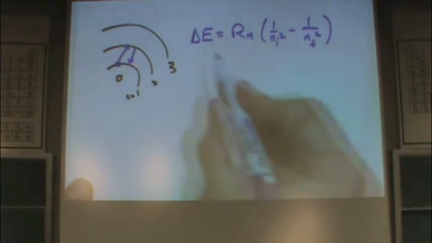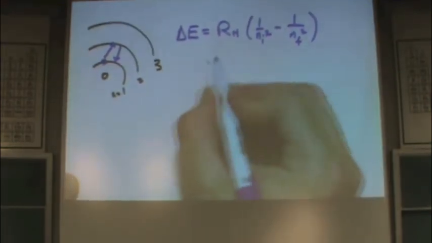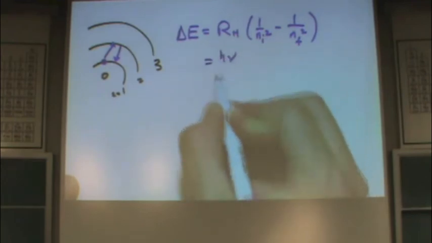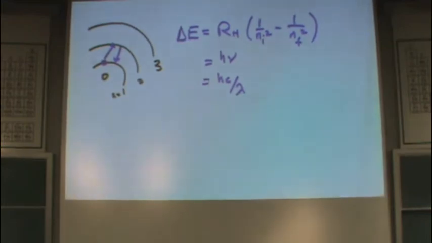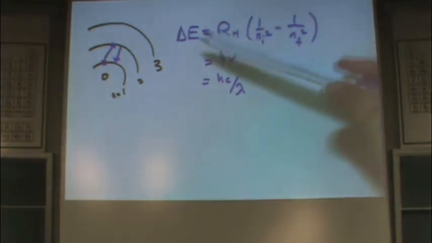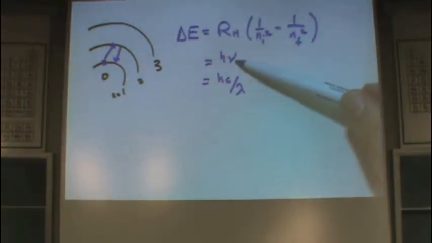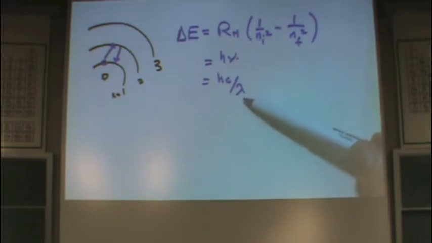And so this is the energy. This is paired with the following two equations, E equals h nu and E equals hc over lambda. That means, using this equation, you can find the energy, frequency nu, or wavelength lambda. All you really need to know is the initial and final, the departure and arrival gates for the electron.